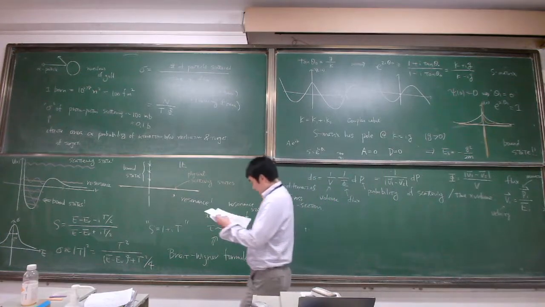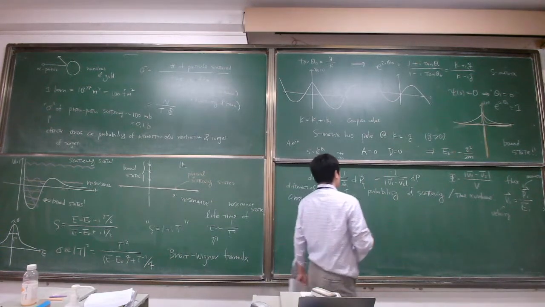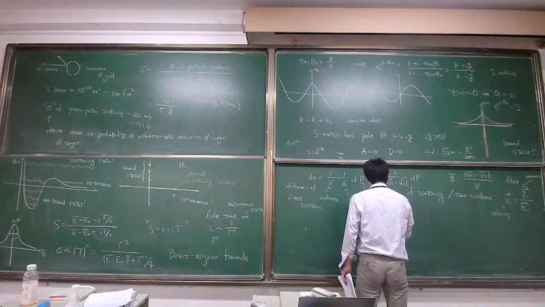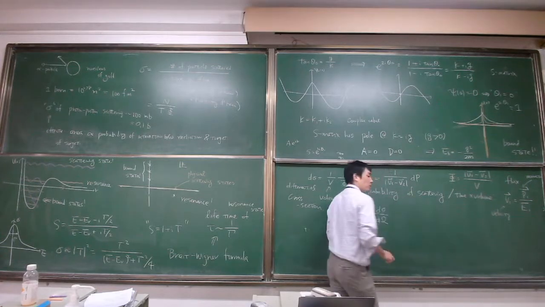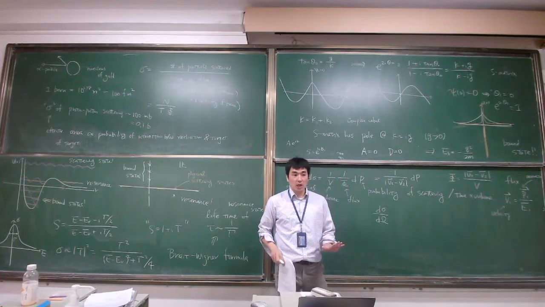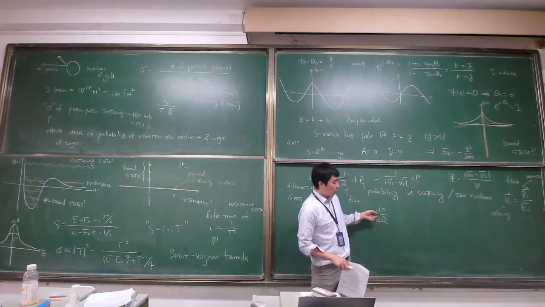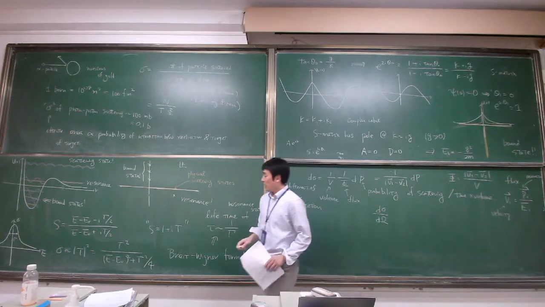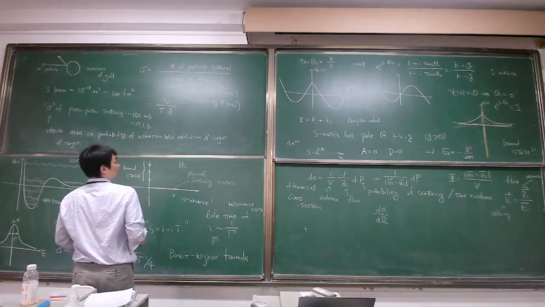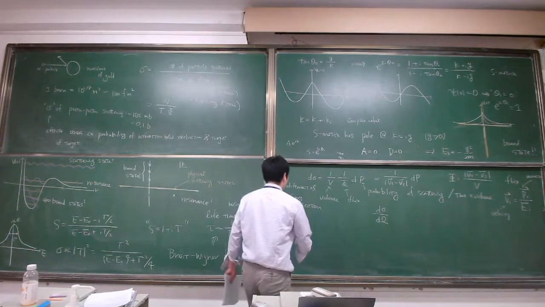And often people are interested in d sigma divided by d omega, and we will also evaluate this differential cross section in due course. Omega is essentially how it's scattered.